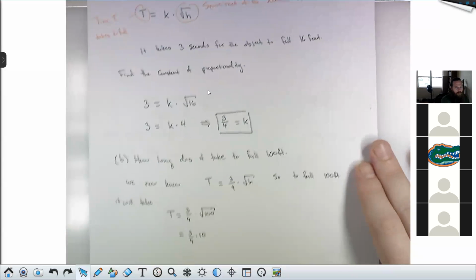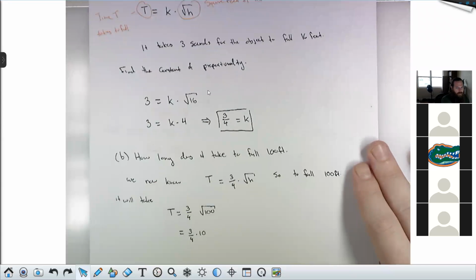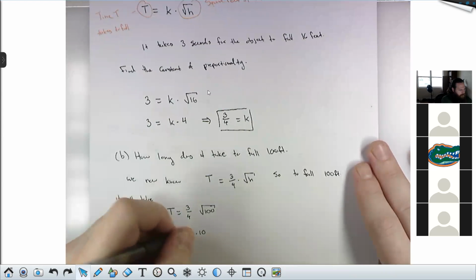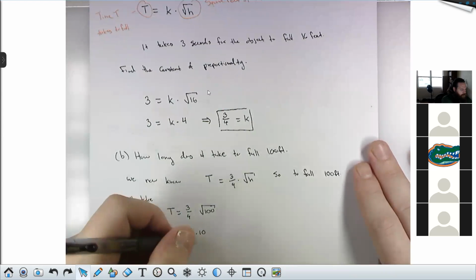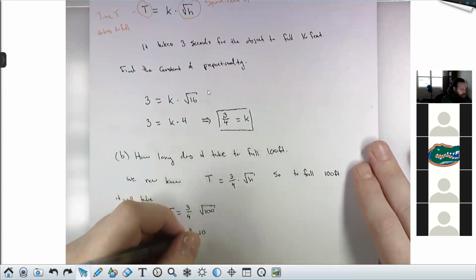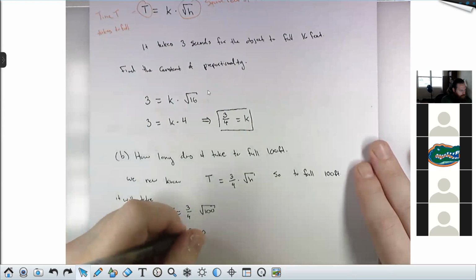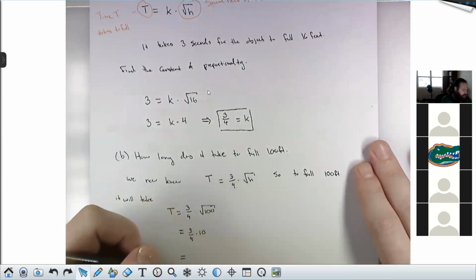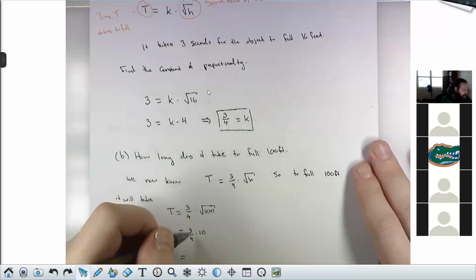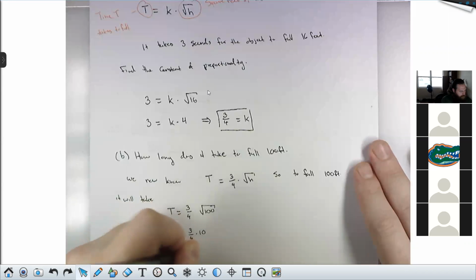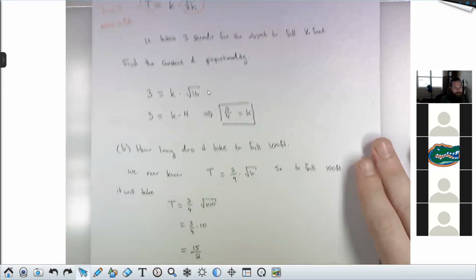The square root of 100 is 10. And 10 and 4 have a shared factor of 2. So you can think of this as 30/4, or 3/4 times 2 times 5, however you want to do it. When you clean up the shared factor of 2 there, this will become 3 times 5/2, or 15 halves.